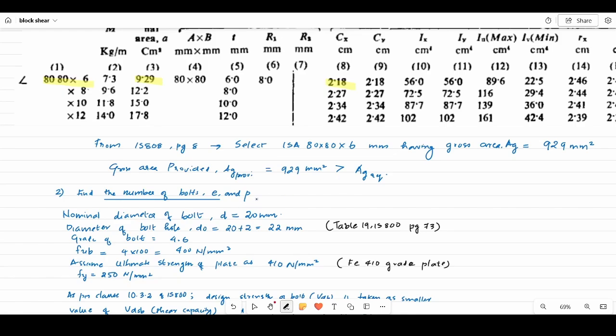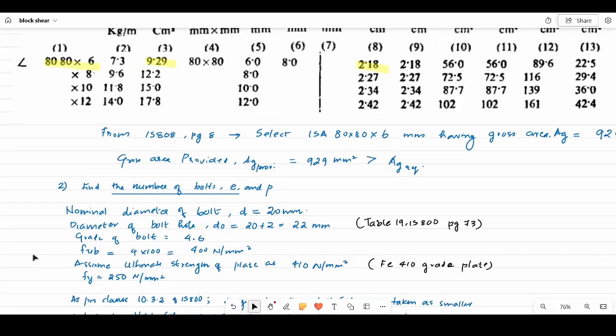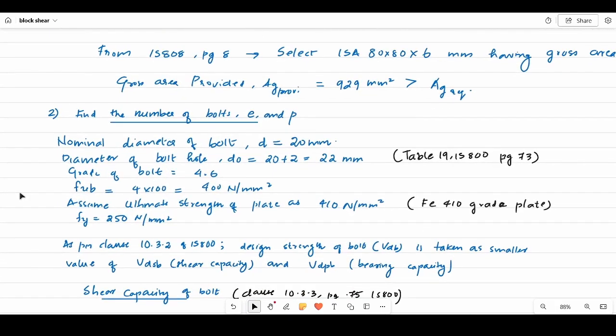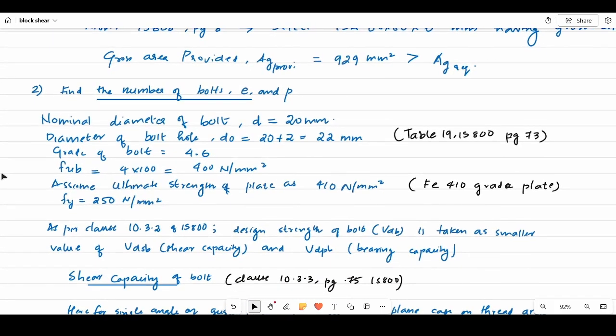So our next step is to find the number of bolts, e which is the end distance, and p which is the pitch distance. Here in the question itself, the nominal diameter of the bolt is given as 20 mm. And we know that if the diameter of the bolt is given, the diameter of the bolt hole d0 will be 20 plus 2, which is 22.